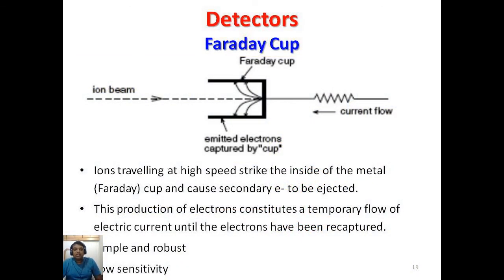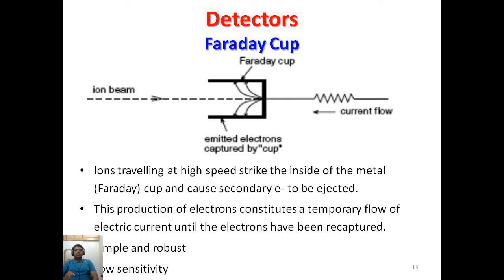There are a lot of detectors used in a mass spectrometer, like a Faraday cup, electron multiplier, gamma scintillator, and Geiger-Muller counters. Start with the Faraday cup. It is a cup which is an electron generator. When the ion beam, the molecules, reach the detector, they bombard the Faraday cup and generate electrons.